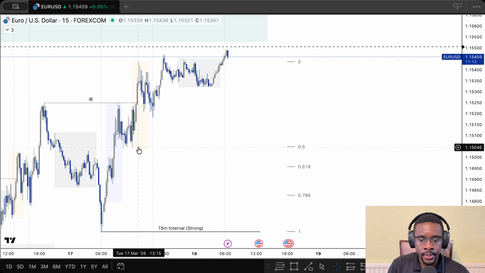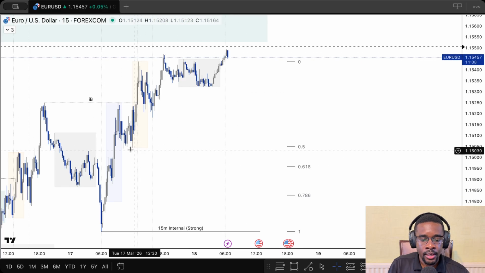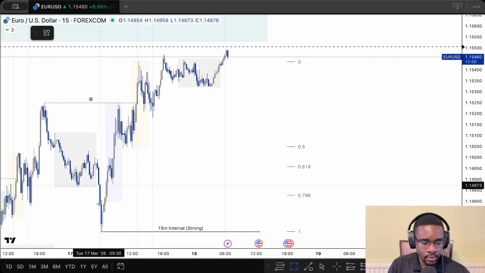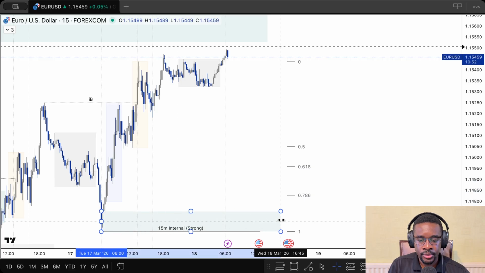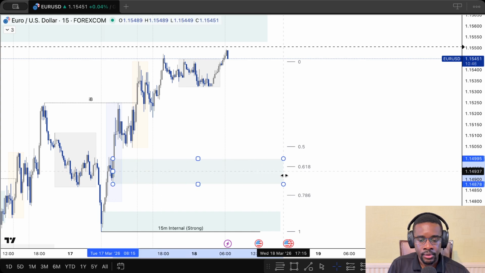We may be expecting, at the very least, for price to come back down, mitigate, or come back to equilibrium and get into discount. And then once we're in discount, we can start looking at high probability zones where price could turn from. That is the extreme, and that's another area that looks decent.